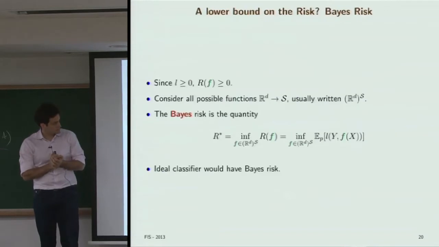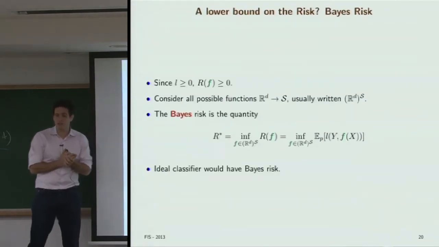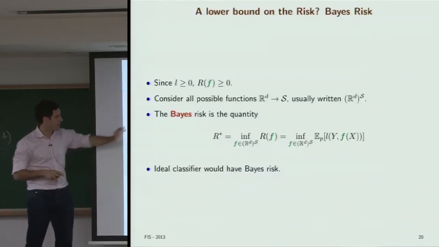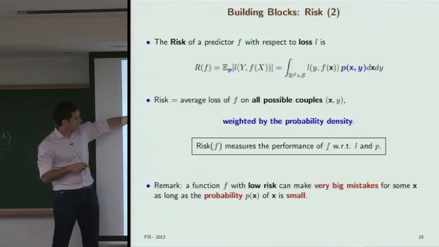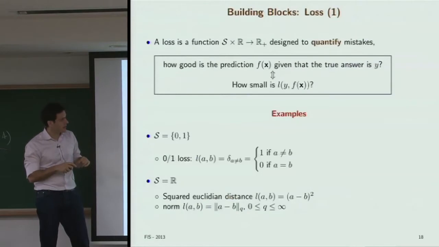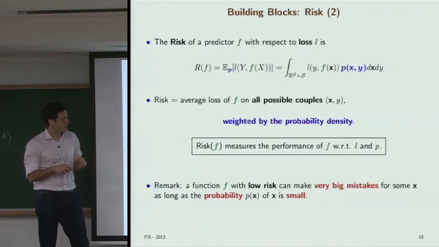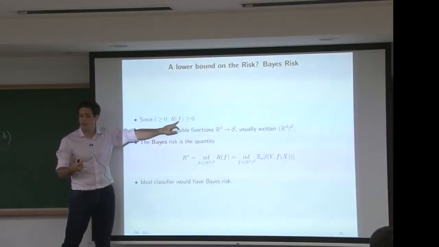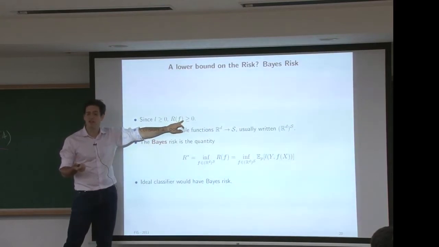So what can we say about the risk? The first thing that we can say, which is very simple, is that the loss, we said, was non-negative valued. And we said that the risk was the average loss over all possible values of x and y. Well, this makes the risk of any function a non-negative quantity, right?